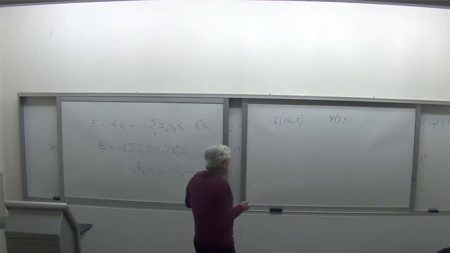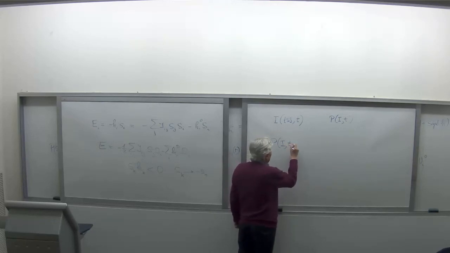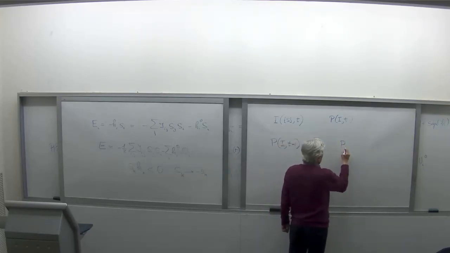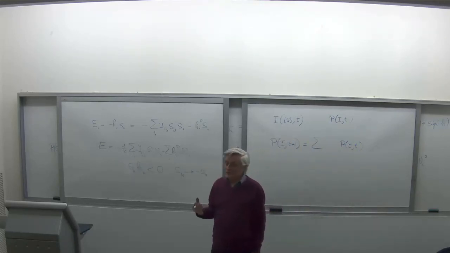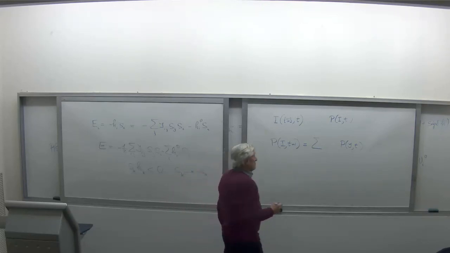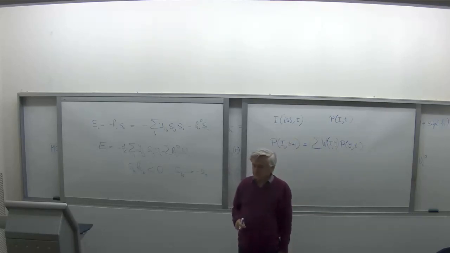So if I want to ask what is the probability of having state I at time t plus 1, I have to sum over all possibilities at previous time, namely over all possible configurations j at previous time, and then multiply that by the probability, which I denote by big W, of going from j to I, and summing over it.